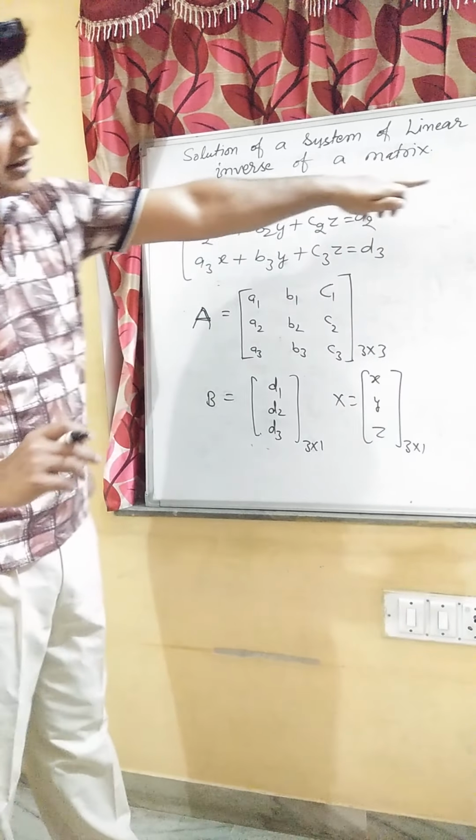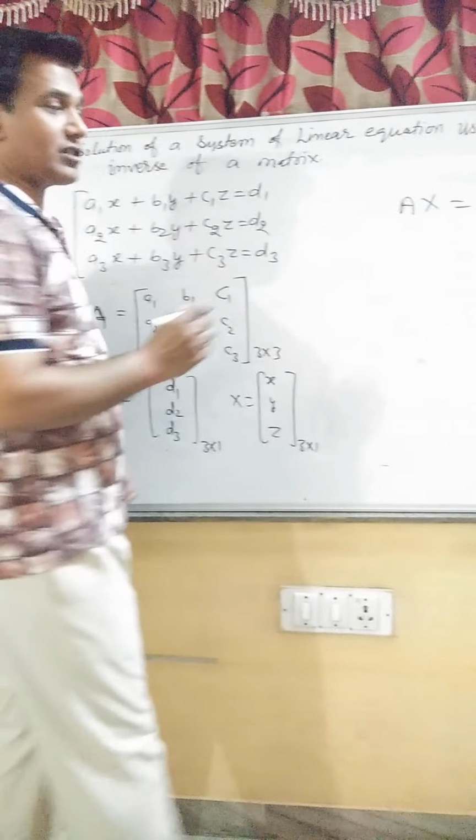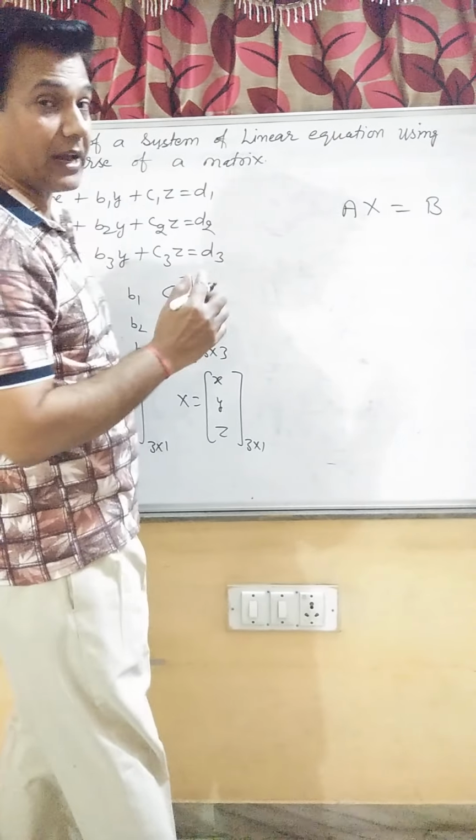This system can be written as AX equals B, and now we multiply the whole equation by A inverse.